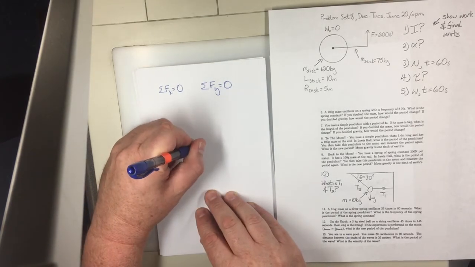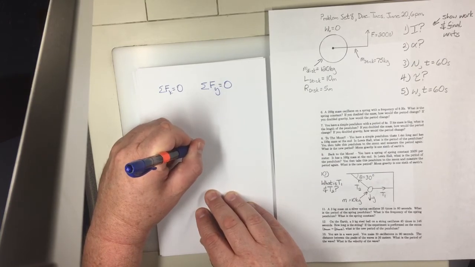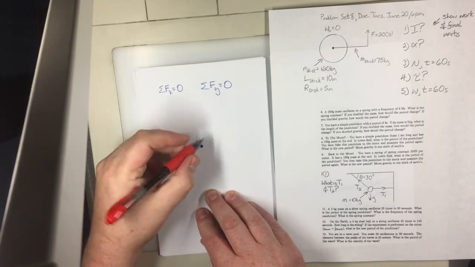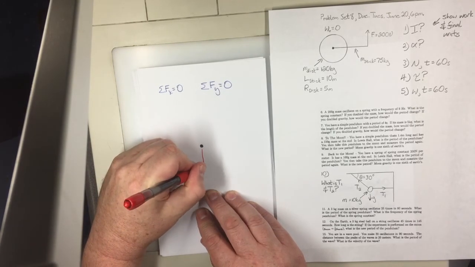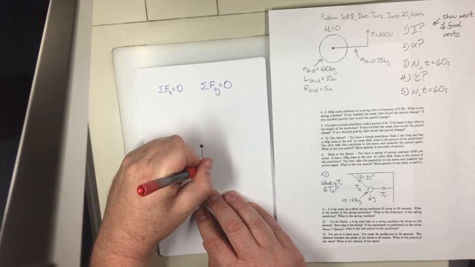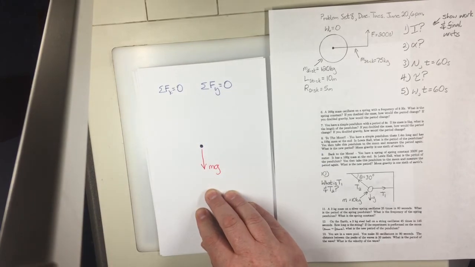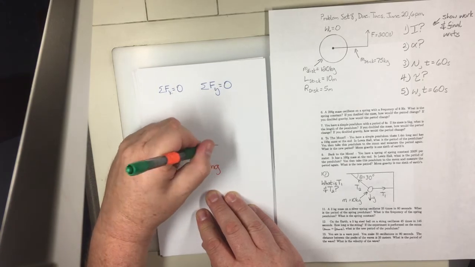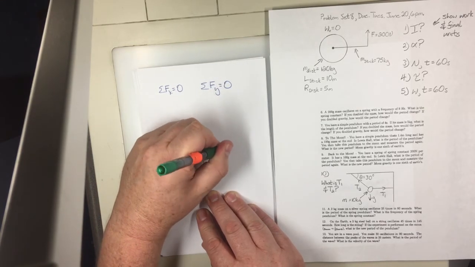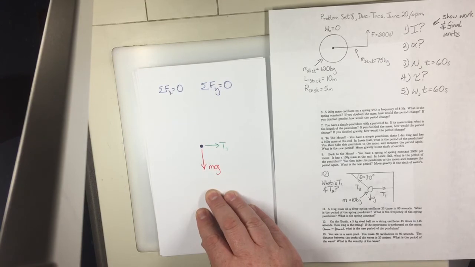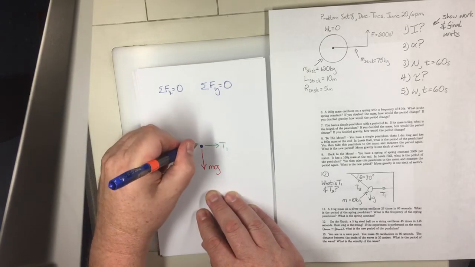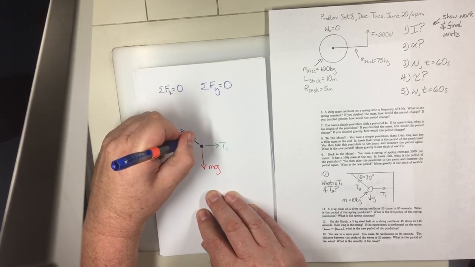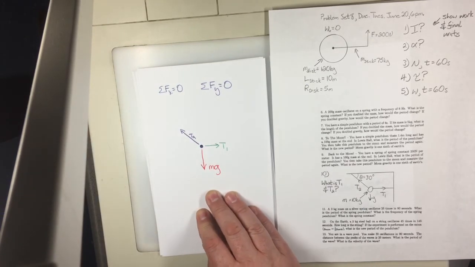When you've got this mass, label the forces. Down, you've got mg. You've got T1 to the right. And then you have T2 going up and to the left.